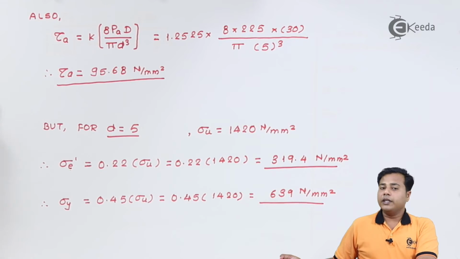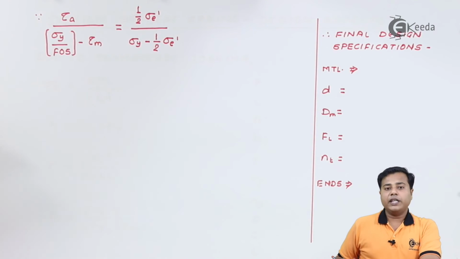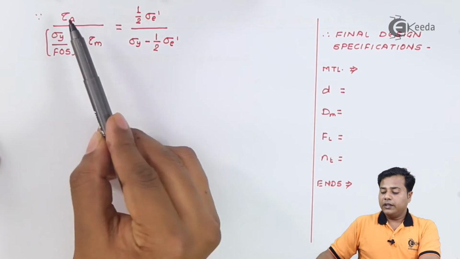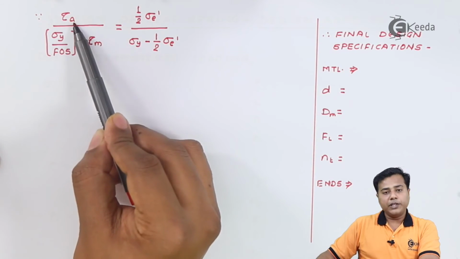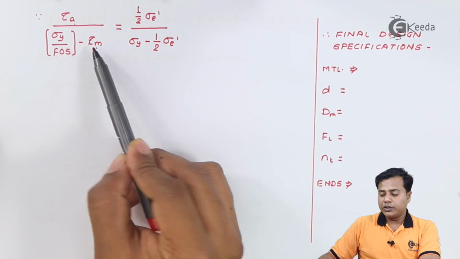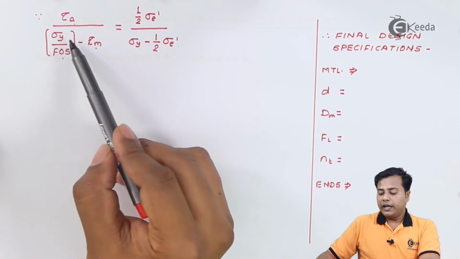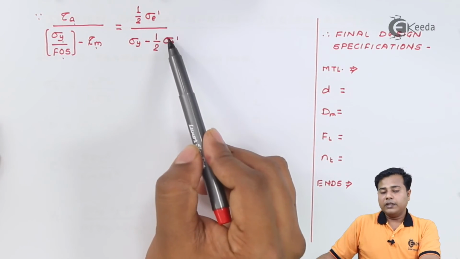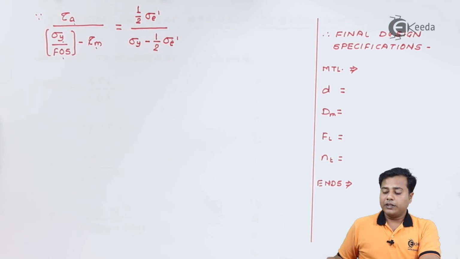with this particular thing, let us proceed to the empirical relation that we have. This is a famous relation that you will obtain in the design data book also, and it connects the value of shear stresses at amplitude and mean value of the forces with the factor of safety and the yield stress and with the endurance limit of this particular stress.